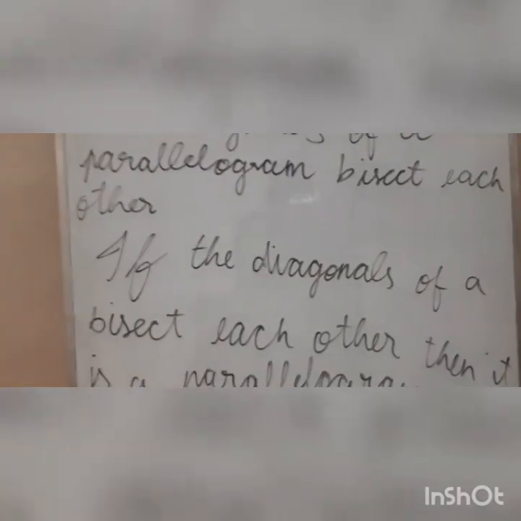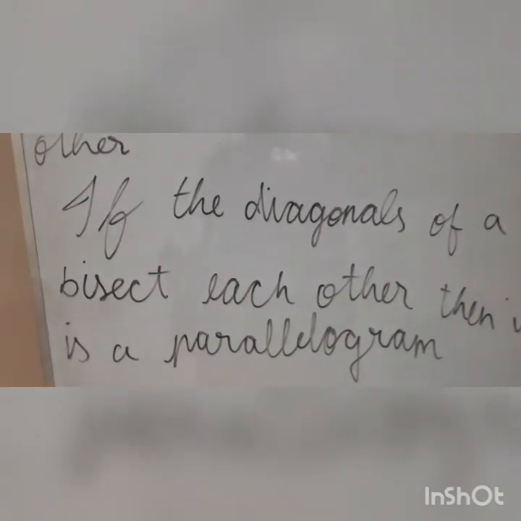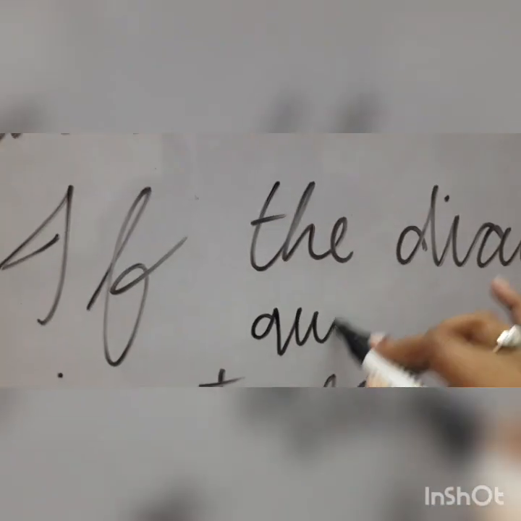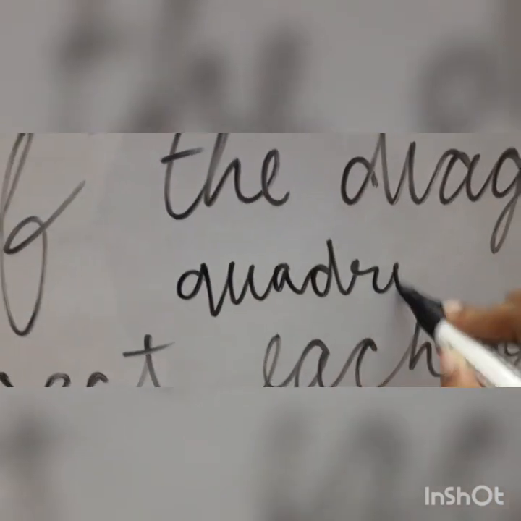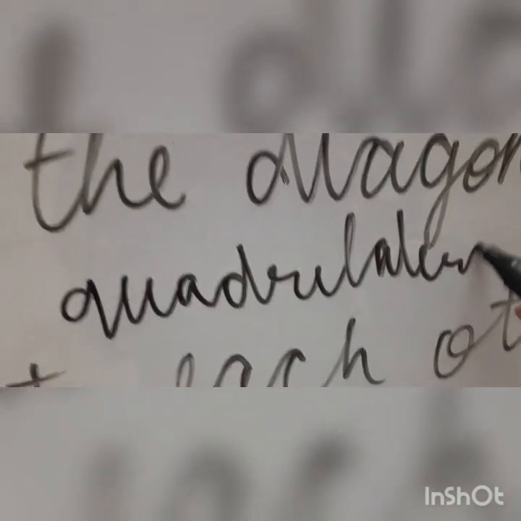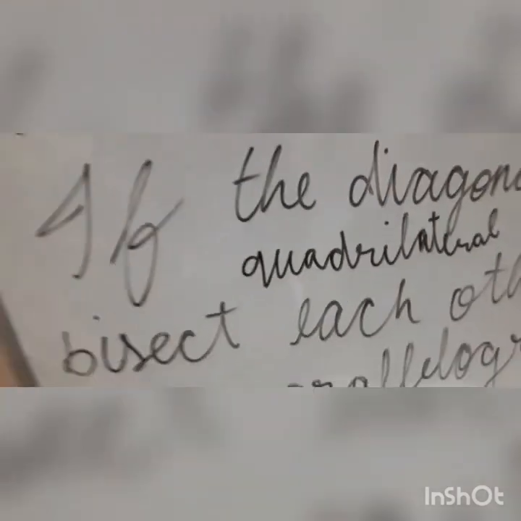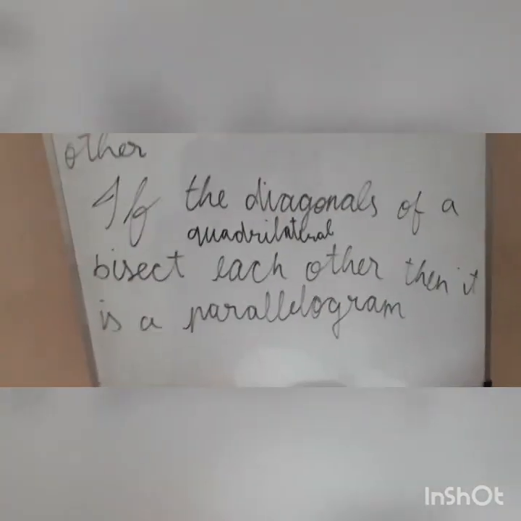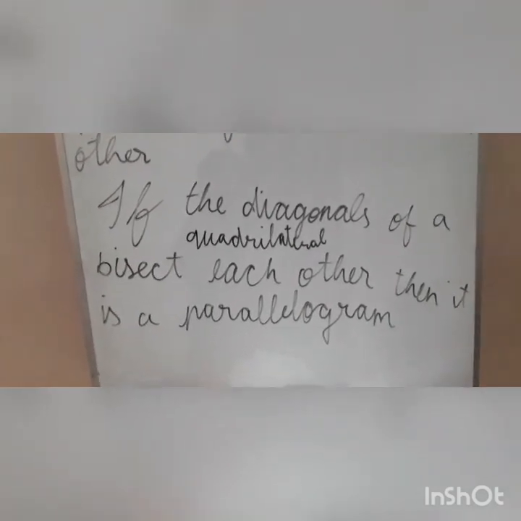Then the next theorem is, if the diagonals of a quadrilateral bisect each other, then it is a parallelogram.